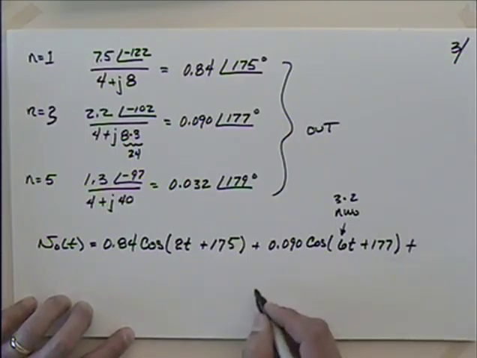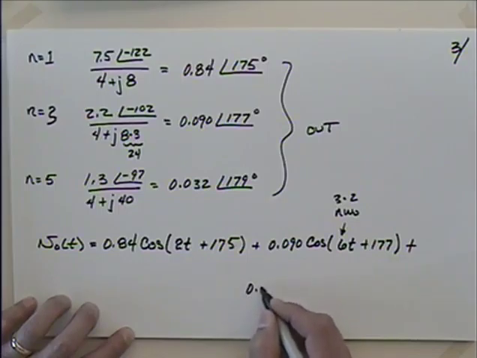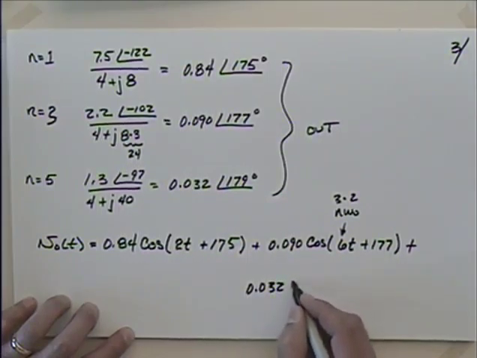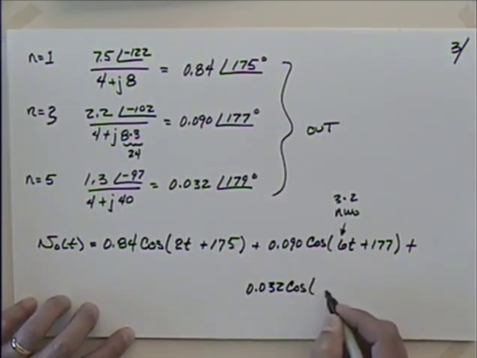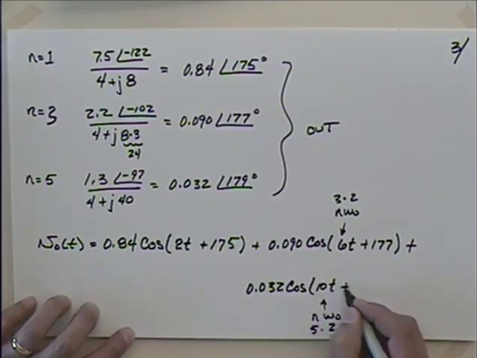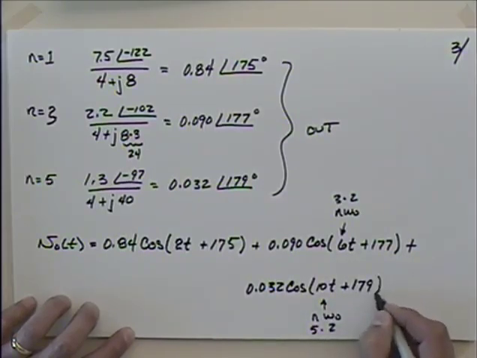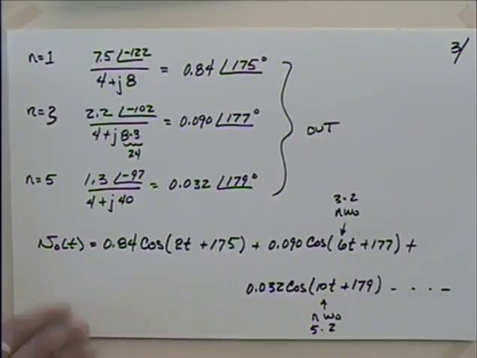Plus, and I can do the last one, 0.032 cosine of what am I going to have there? n is equal to 5, n omega naught, so I have 2 and 5, so 10t, right? And we could keep going if we wanted to. So just a little different way to work out a problem.